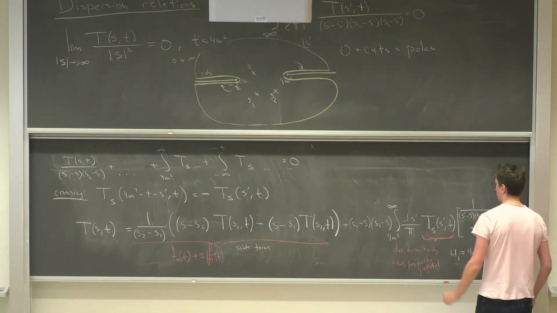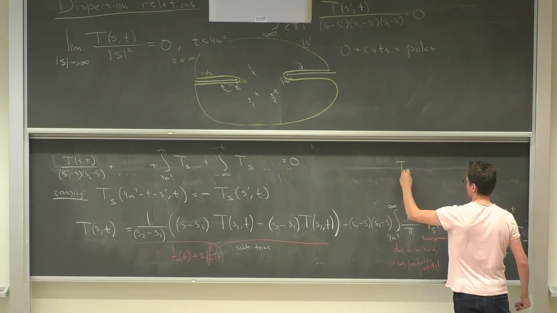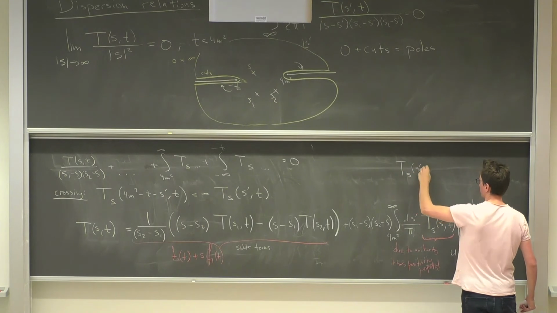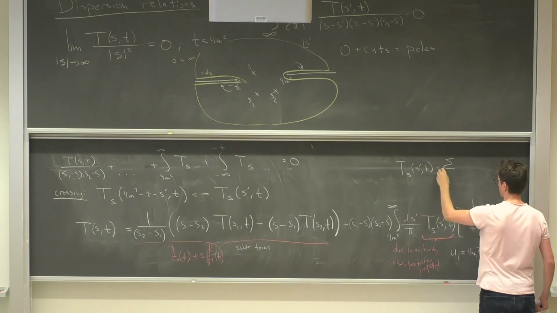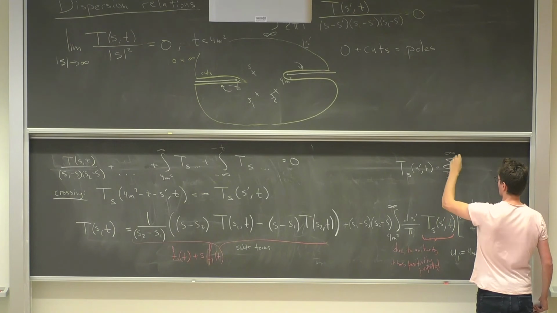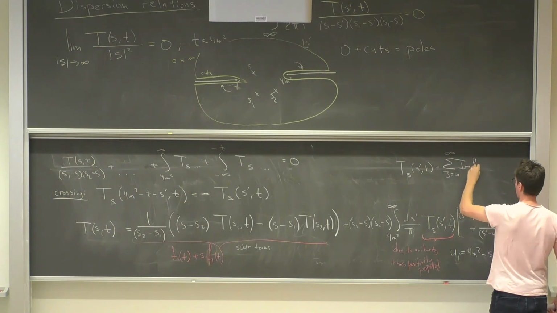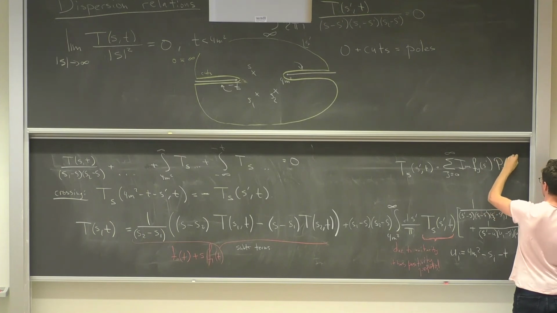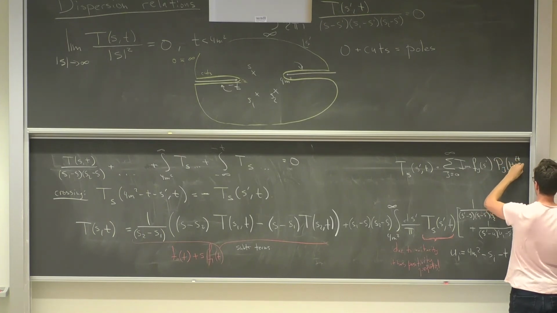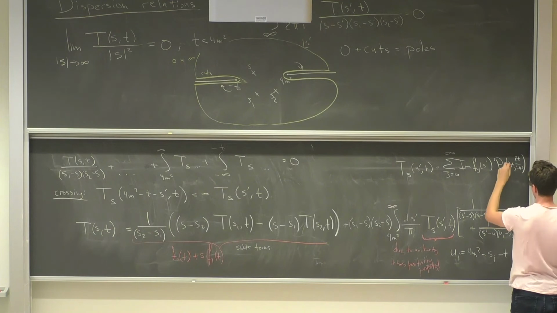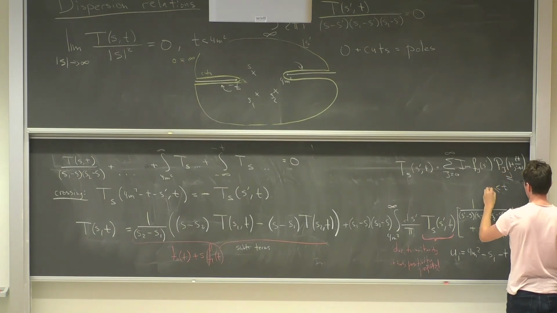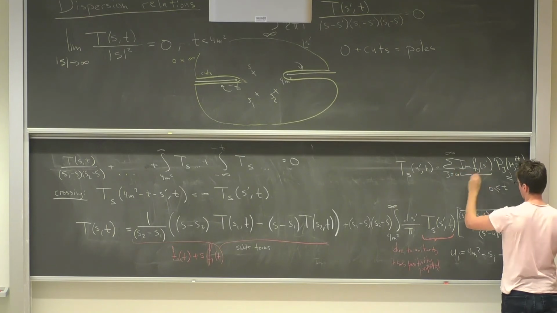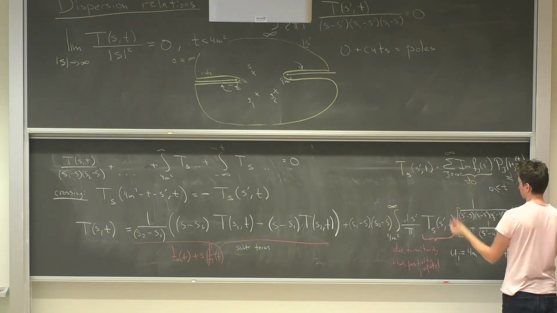More precisely, if you remember that Ts of s' t was given by the sum, imaginary part of f_j of s' times P_j of 1 plus 2t over s' minus 4m squared. And these Legendre polynomials are non-negative when, say, t is larger or equal than 0. And these guys are also non-negative because of unitarity.